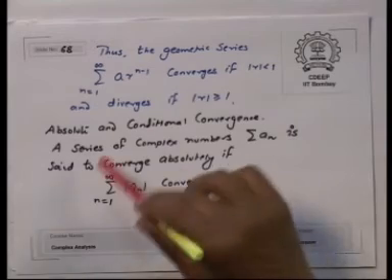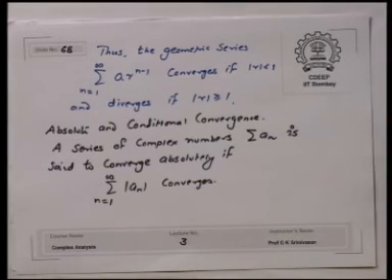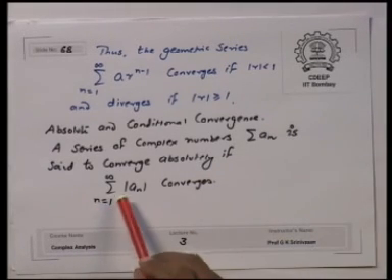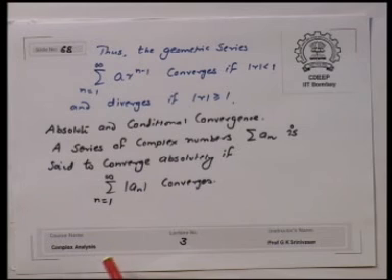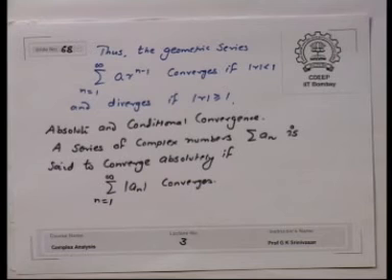Now, according to this definition, it is not clear that if sigma mod a n converges, then sigma a n converges. That is not clear at all from this definition. In fact, it requires proof, and the theorem is a non-trivial theorem because it uses a non-trivial principle. Okay. So, is the definition of absolute convergence clear?